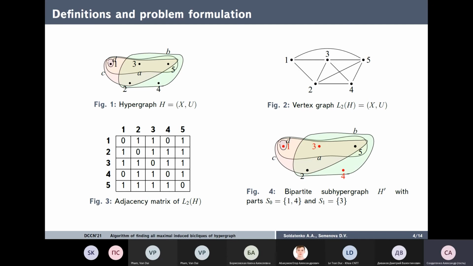Vertex graph L sub 2 of hypergraph H is presented at figure 2, and the adjacency matrix of the vertex graph is shown at figure 3. The last figure represents a bipartite subhypergraph with first part containing the vertices 1 and 4, and second part containing vertex 3.